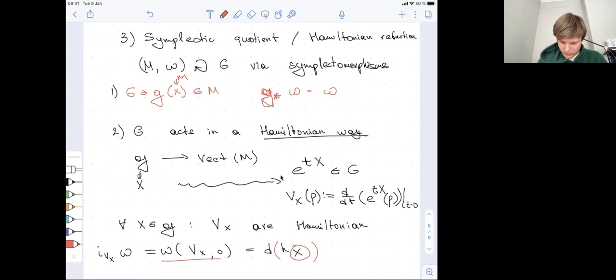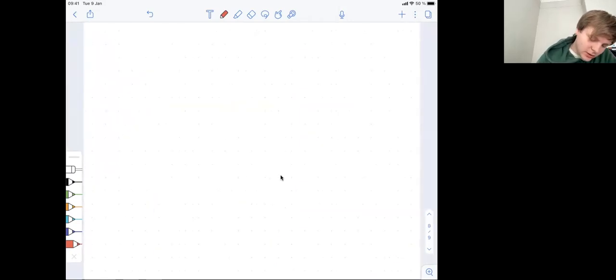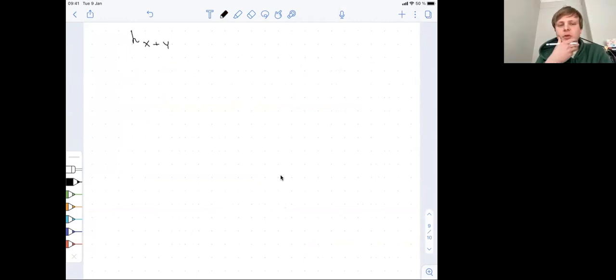So a group acts in a Hamiltonian way means that all the vector fields generated by this group action are Hamiltonian. You may also prove that these Hamiltonians are linear. So if you take two elements from the Lie algebra, the Hamiltonian which corresponds to the sum of these elements will be the sum of the Hamiltonians.